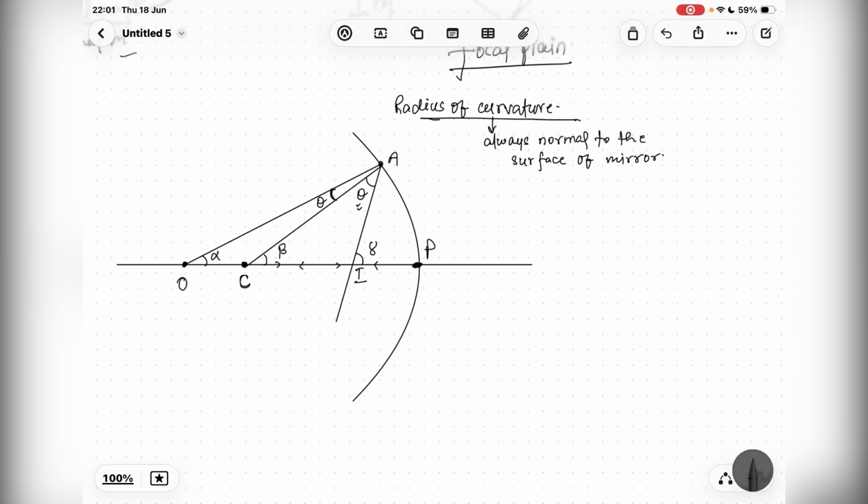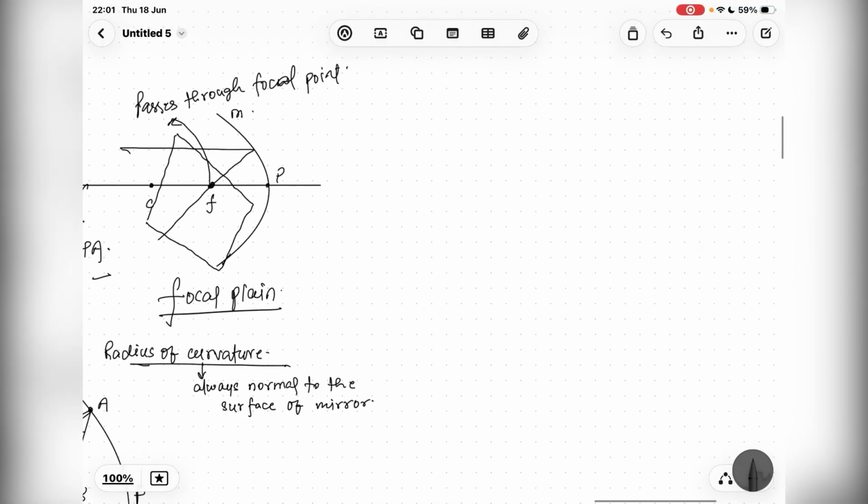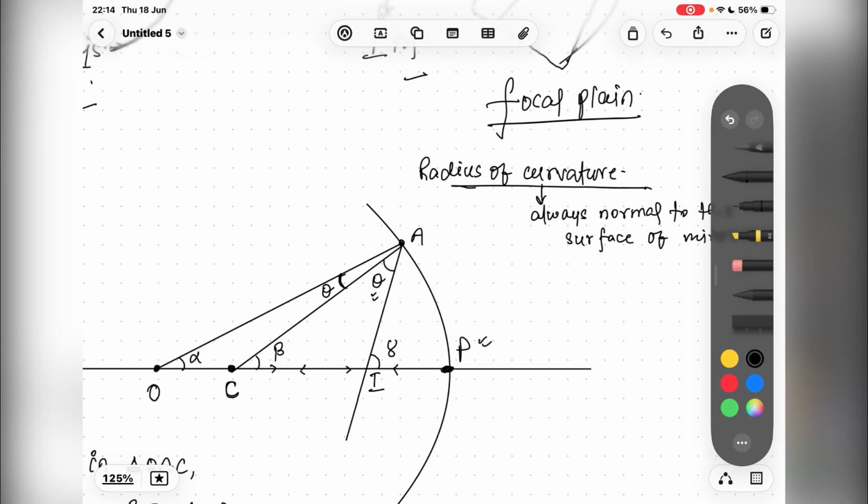Now remember that we talked about paraxial rays. Paraxial rays are those rays which are very close to the principal axis. And in geometrical optics, we only talk about paraxial rays. So these rays OA and OP are paraxial.